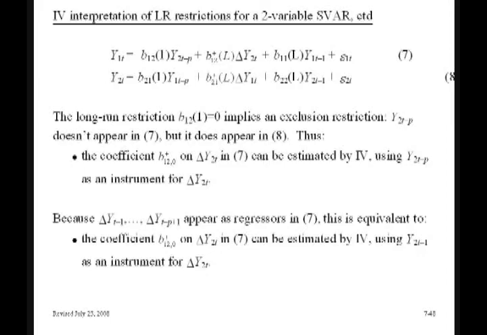So that's what it says right here, and then because all these lags appear, it's equivalent to using y2 t minus 1 as an instrument for delta y2t. All right? That's Pagan and Robertson and Cooley and Sart. Okay, do the algebra. It's correct. It's not mine. It's Cooley and those guys, Robertson, Pagan.